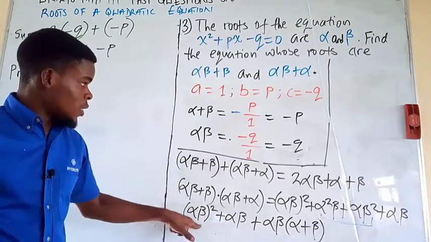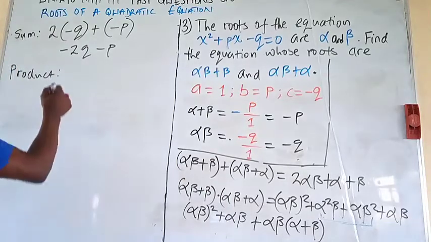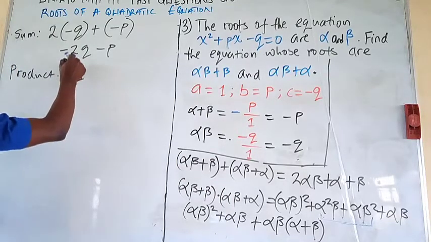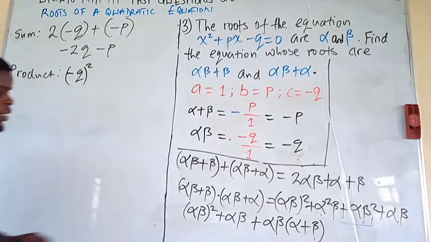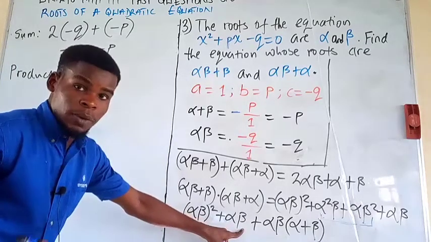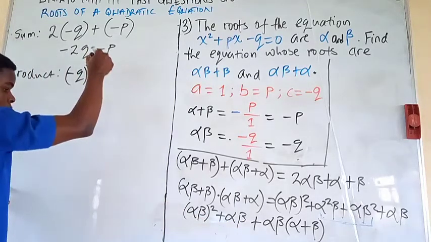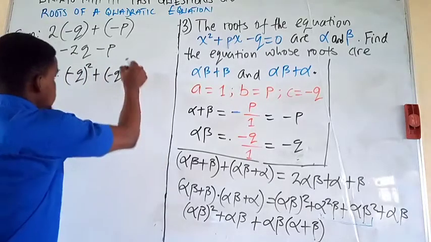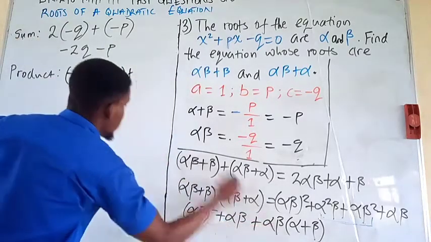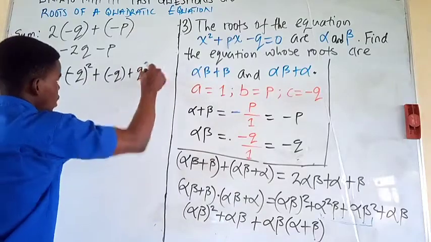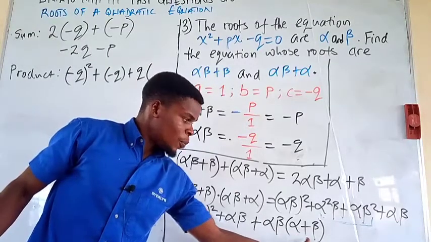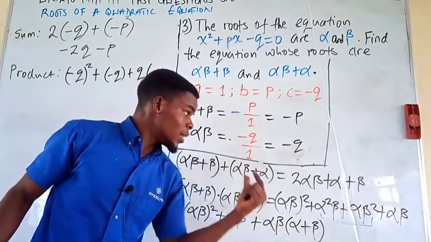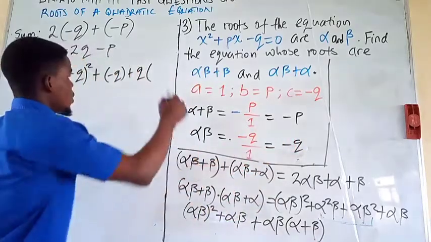Now if you check, alpha times beta is negative q. So we just put it down, negative q, and you go ahead and square that. Then alpha times beta normal without the square. So plus the negative q plus alpha times beta, that is just q, then open bracket, alpha plus beta, that is negative p, alright?